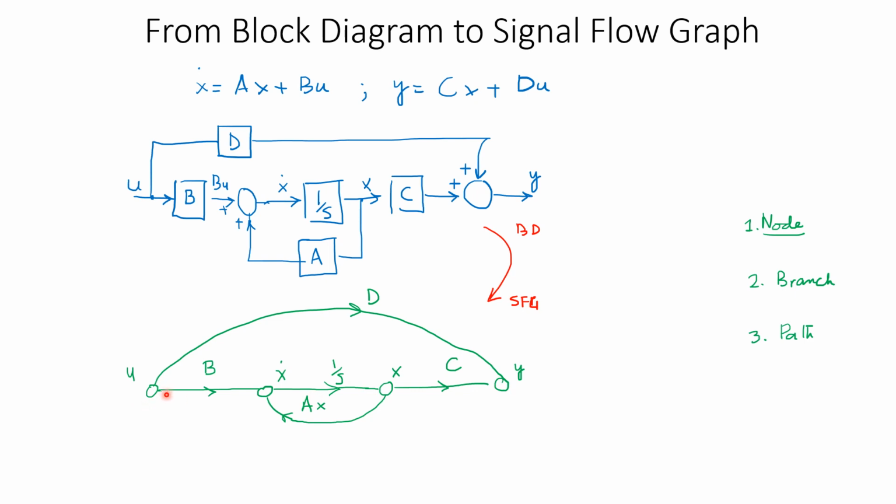In the middle you have a path starting from U through X dot through X up to Y, and there is another forward path directly connecting input to the output through this gain D. And then there is a closed loop over here. From X dot to X and then back to X dot, there is this closed loop. So that concept is also added in the mix.